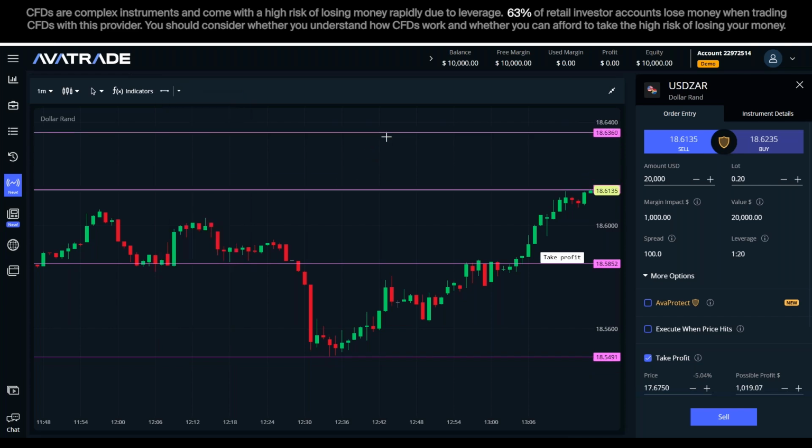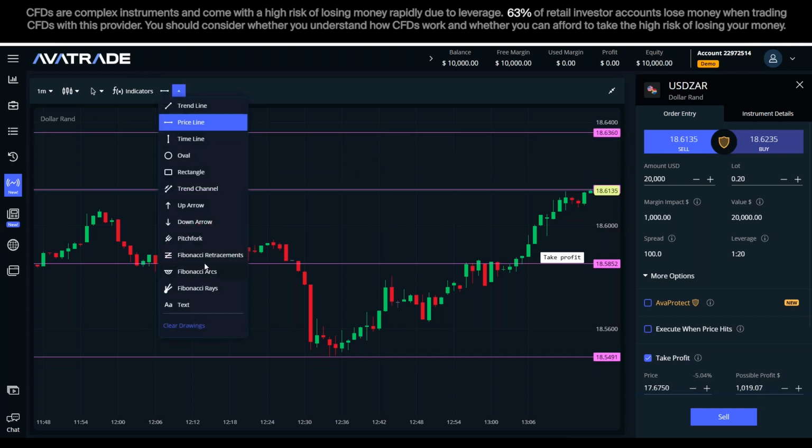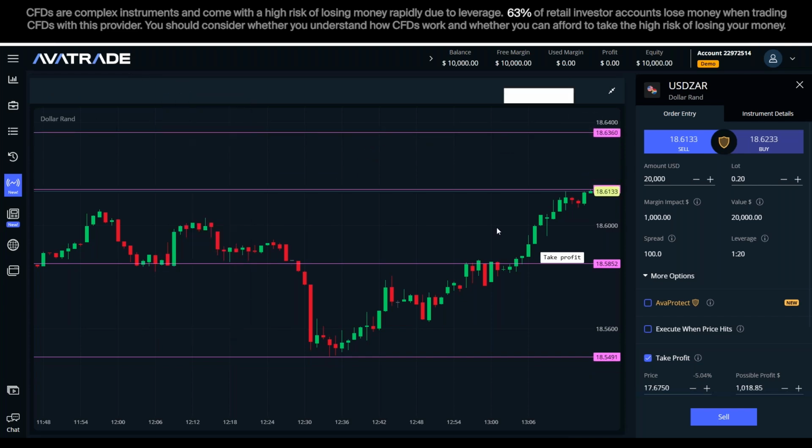But since this is a sell, our intention is that the value will decrease. Therefore, the take profit needs to be in a lower area and the stop loss needs to be in a higher area. Meaning that if the value increases, God forbid, then we'll have losses.